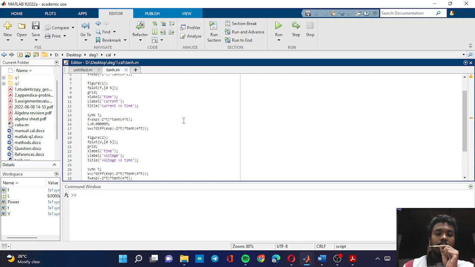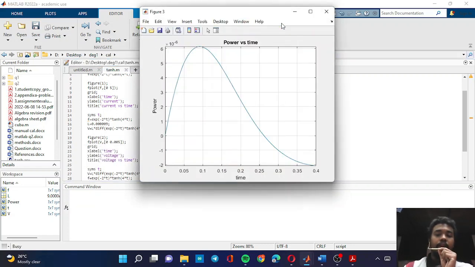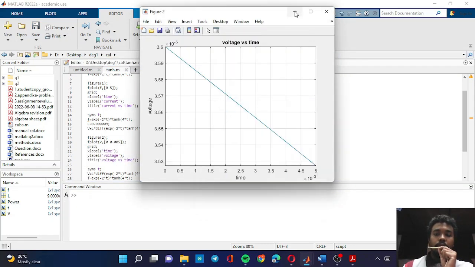Then it asks to find the voltage when t equals 0.005, which is 5 ms. I run it to show here that when t equals 0.005, the voltage becomes 3.5712 e negative 5.